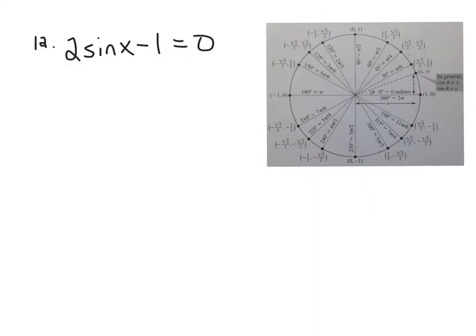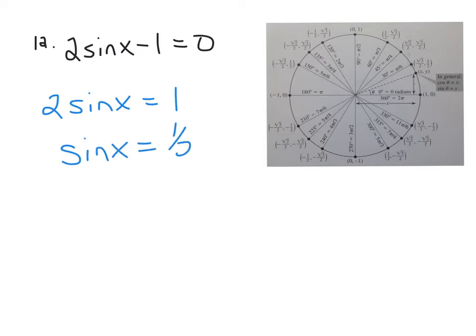So this one's a little bit more straightforward, and we're looking for the solution to this equation. They're just equations, so we're going to move things away from the variable we're trying to find. I'm going to add 1. We have 2 sine of x equals 1. We divide by 2, and we get sine x equals 1/2.